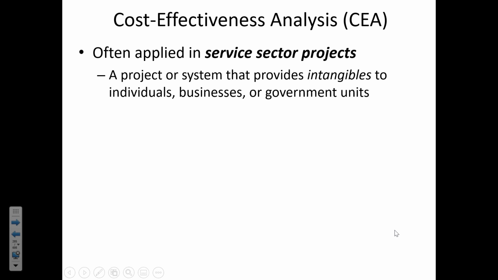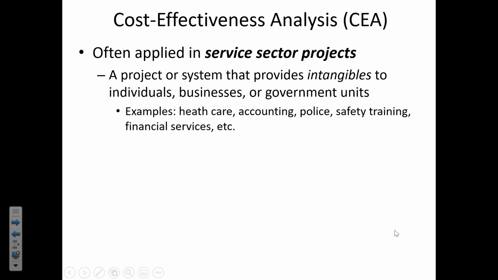And it's often easier to quantify the benefits of a physical thing that's built than services like healthcare services, accounting, police, and so on. So those things may be necessary in a public setting. You know, of course, we recognize that it's important to have a police force. But what is the dollar value of their being on the street?